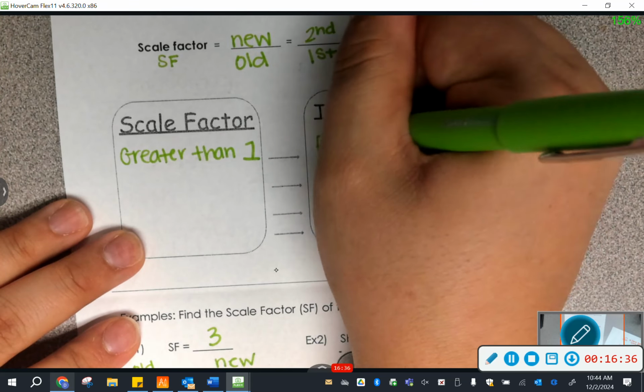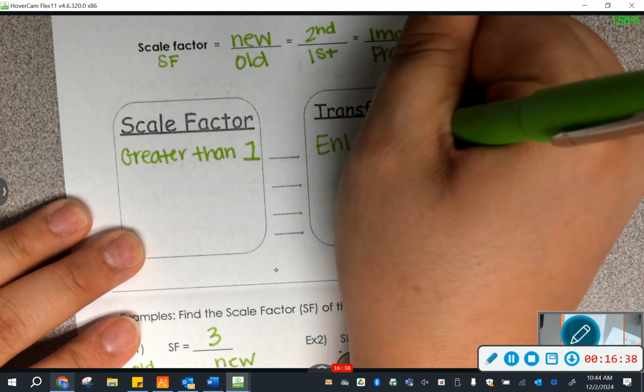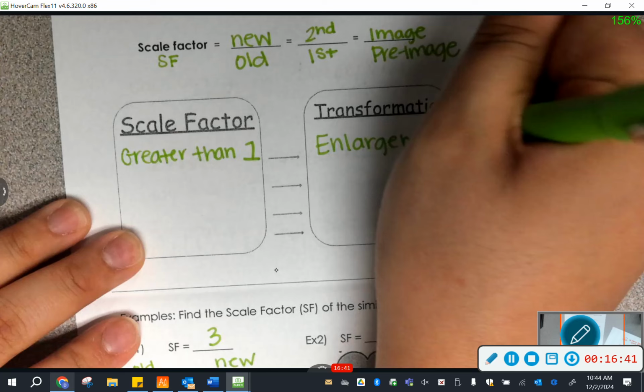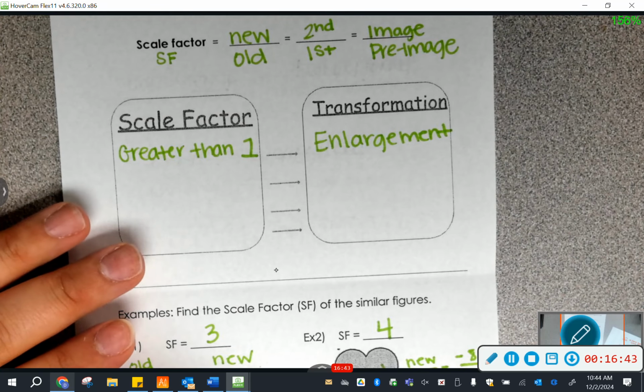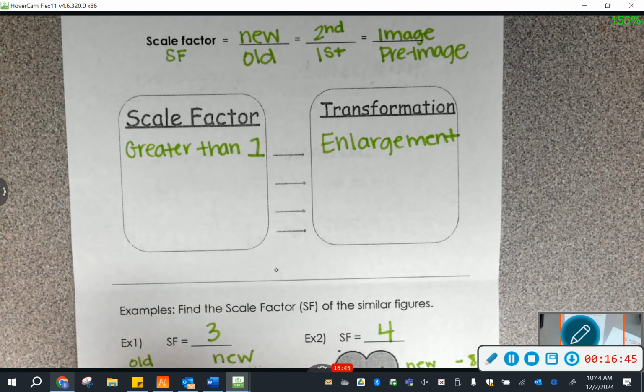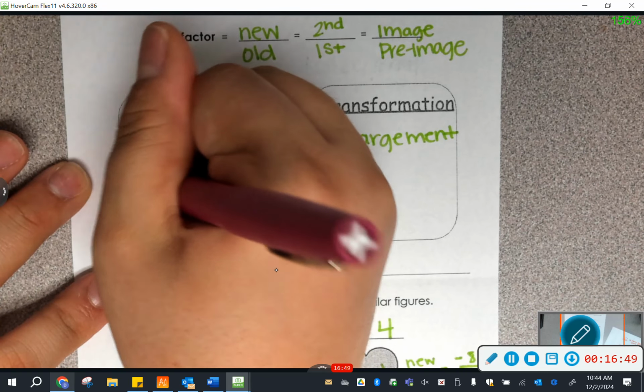So if your scale factor is greater than 1, what happens? Instead of bigger, I'm going to write an enlargement happens. If it's greater than 1, an enlargement happens. What happens if your scale factor is less than 1?